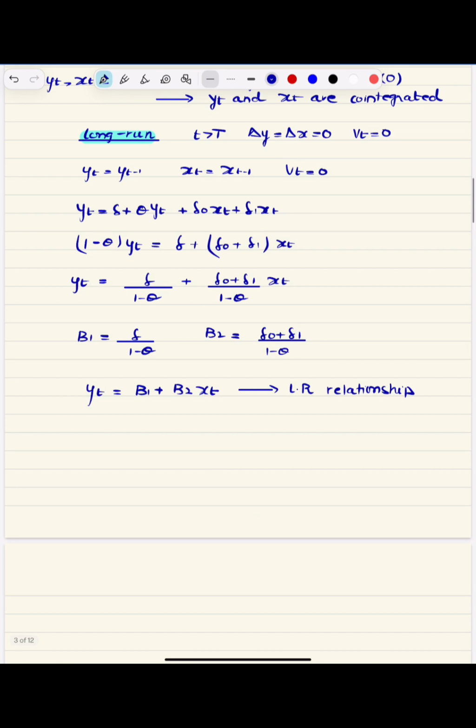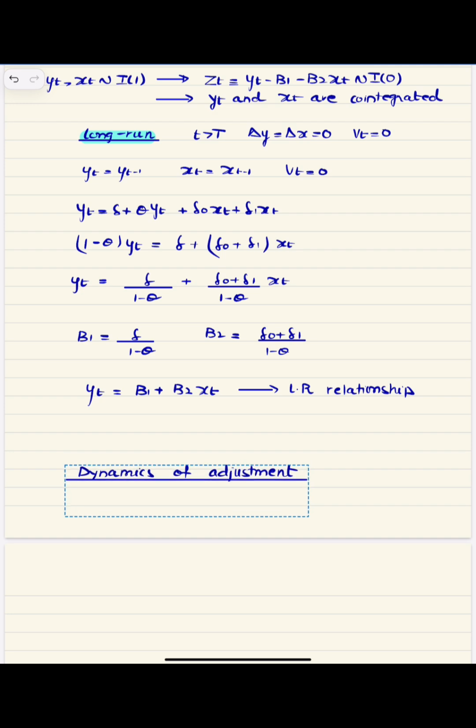Now we want to see the dynamics of adjustment towards this long run equilibrium.